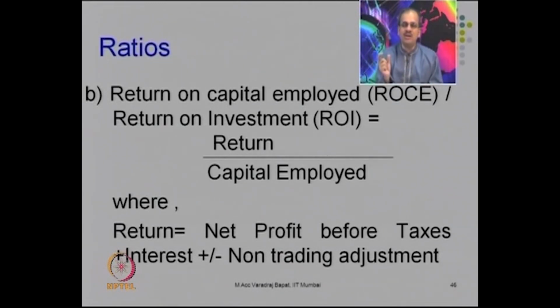If there are non-trading incomes included in profits, they will be removed, because here we are interested in knowing the level of return the business or the operations are able to generate. So, in the numerator we look at the profit or returns received on operations, divided by the capital employed.